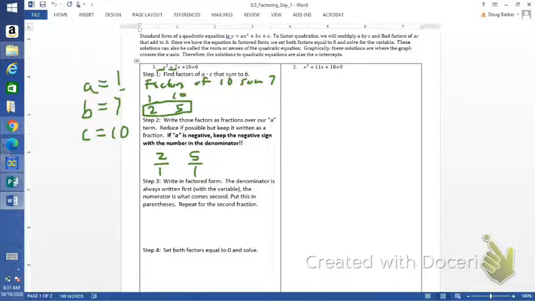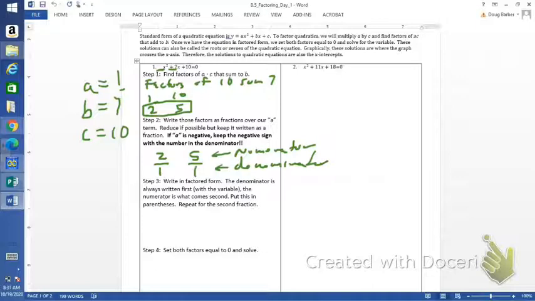Alright, now in step 3, we're going to write in factored form. So the denominator is always written first. So this is the numerator, and this is the denominator. Alright, so the denominator is always written first with the variable. In this case, the variable is x.